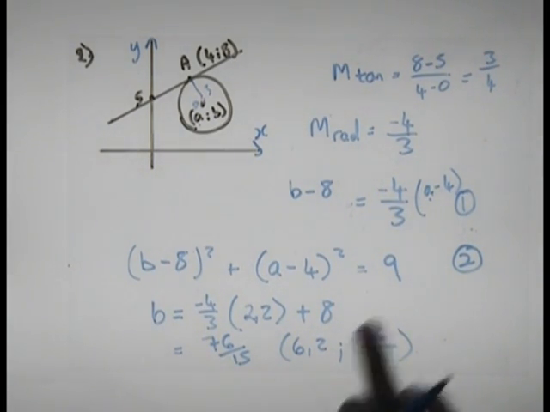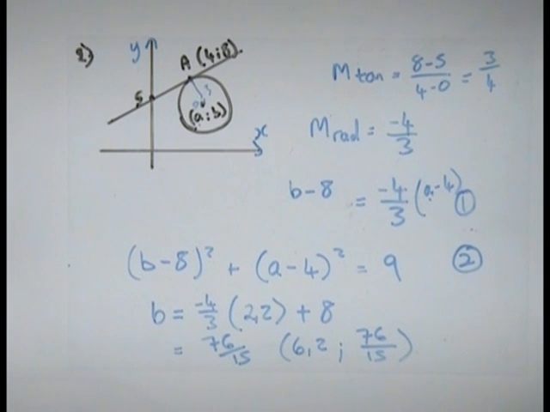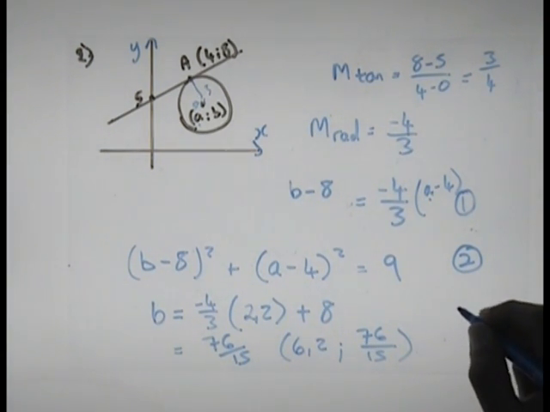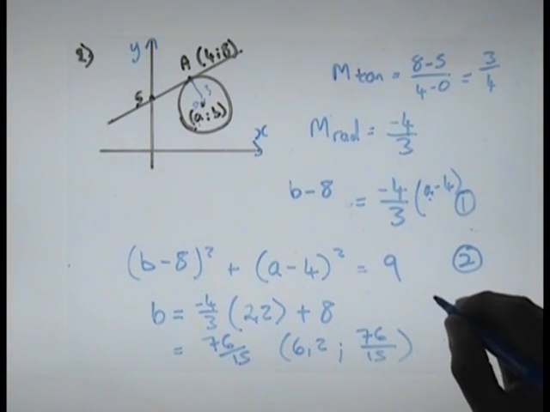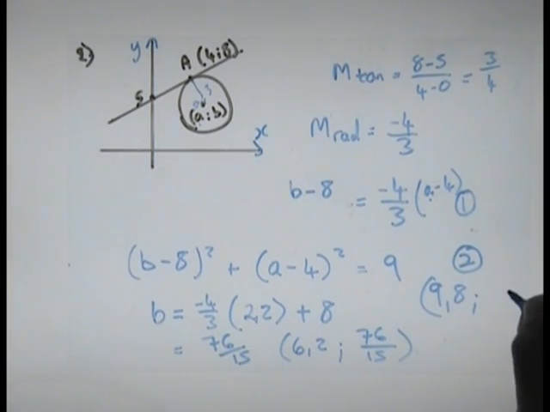So that will be 9.8 minus 4 multiplied by that, plus 8, is going to give me an answer of 4 over 15, and let's leave it as 4 over 15. So the other possibility is when A has the value 9.8 and B has the value 4 over 15. Both of them are valid.